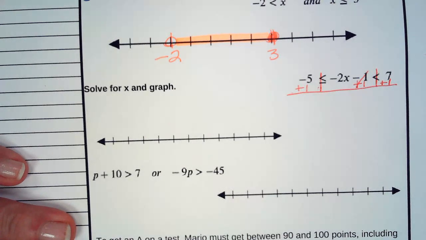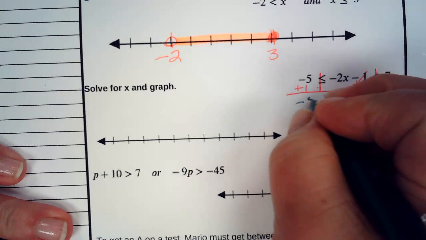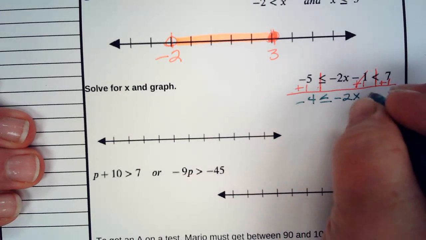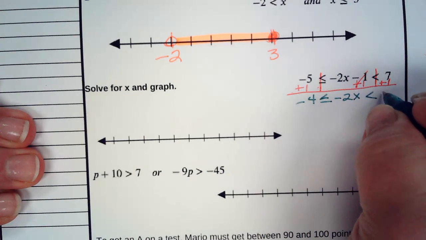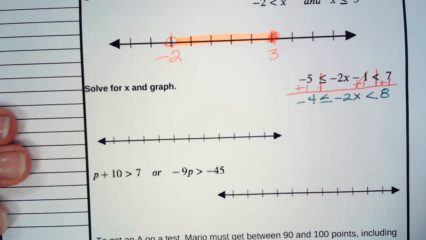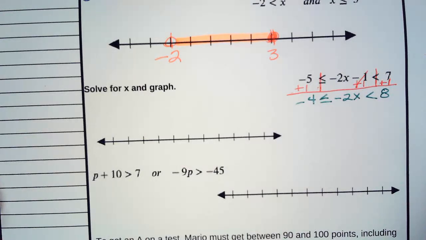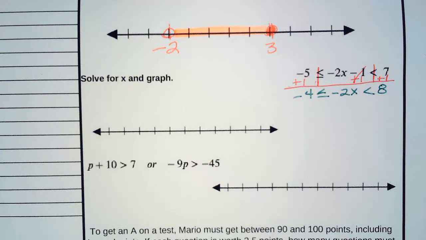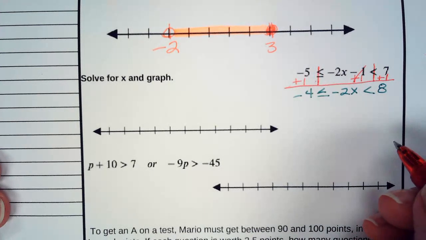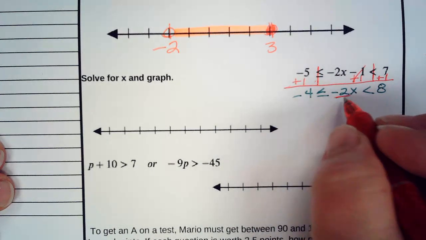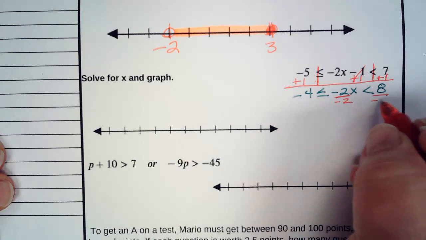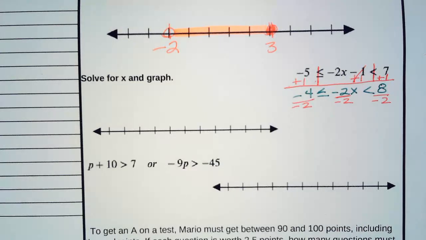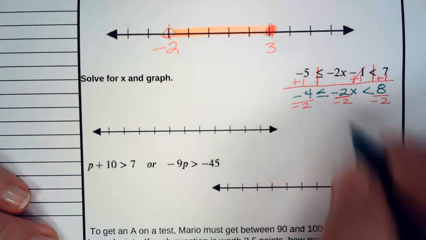-4 is less than or equal to -2x is less than 8. Now I'm going to divide, but whoa, wait a minute. It's a negative. All 3 of them get divided by -2, which means I've got to do what with my signs?